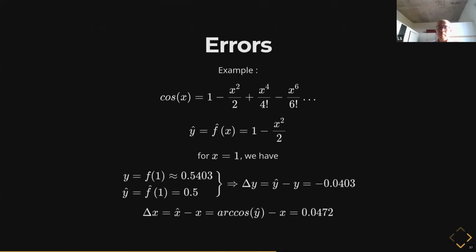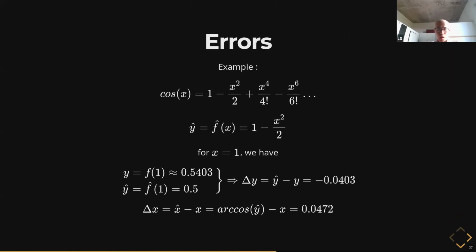So in this example, I show the concept of forward and backward error using a simple toy, which is cosine theta. Cosine theta, as we know, is a precise mathematical function, but we can approximate it using a Taylor expansion, as shown here.